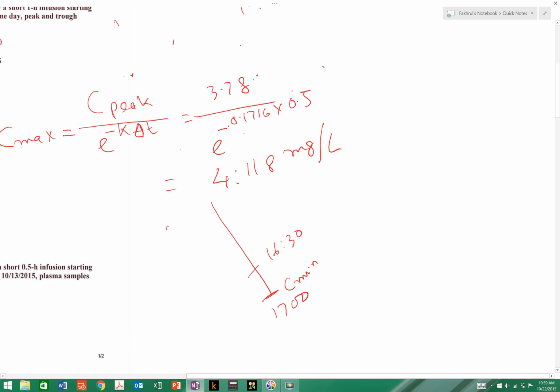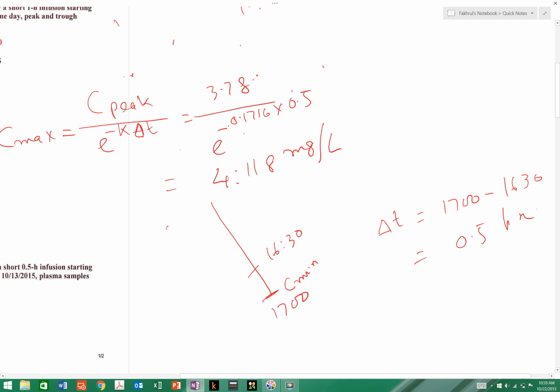So in this case, your delta T is going to be 1700 minus 1630, which is 30 minutes, 0.5 hour. Remember, this delta T is 0.5 hour.